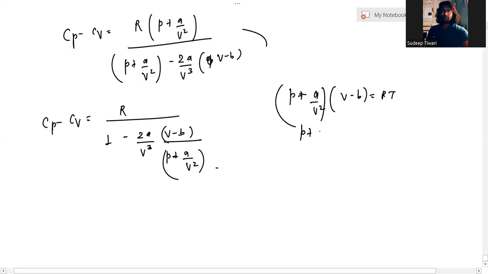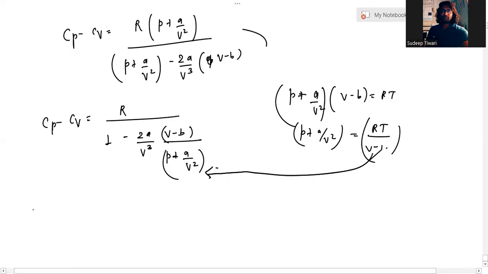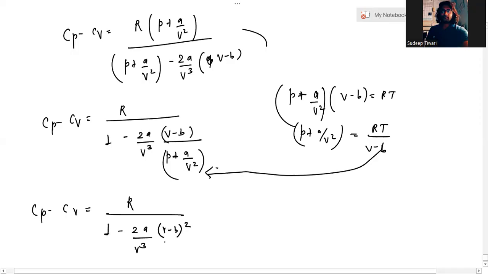So I can simply write P plus A by V square is equal to RT upon V minus B. So I can use it here. So what I'll get, I'll simply get my Cp minus Cv is equal to R upon 1 minus 2A by V cube and RT upon V minus B. So basically I'll write RT upon V minus B, so this will become V minus B whole square, and then I'll get simply RT here. So I think this is more than sufficient.